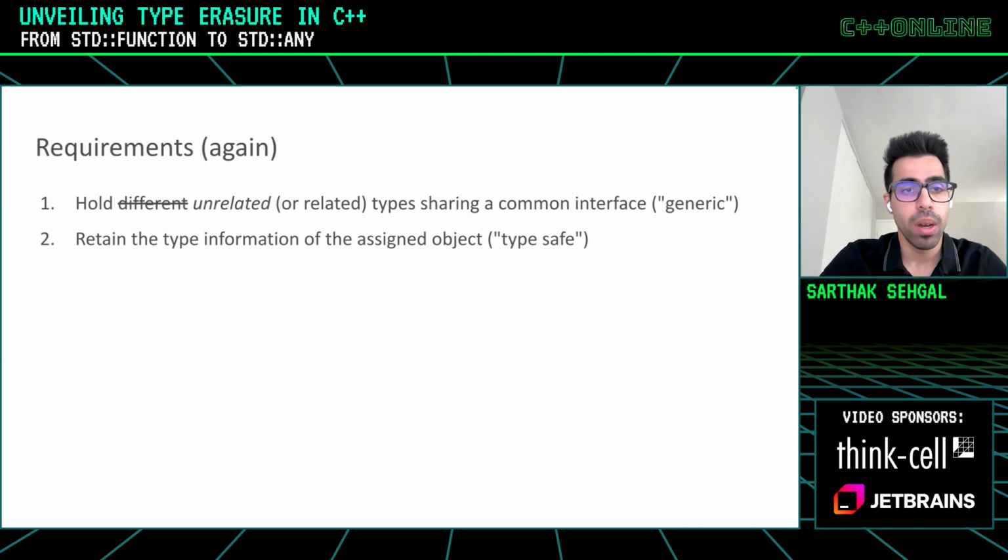It's not necessary that they need to be different, but more important that the std::function needs to be able to hold completely unrelated types. That is, they're not bound by an interface hierarchy or any other sort of thing. As long as it satisfies a specific signature, we should be able to assign them to a std::function. So let's start off by building a container that satisfies these requirements.